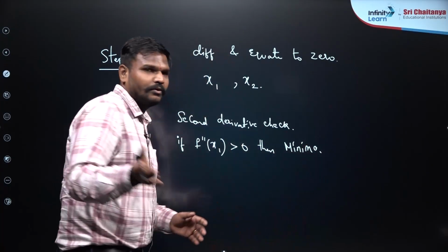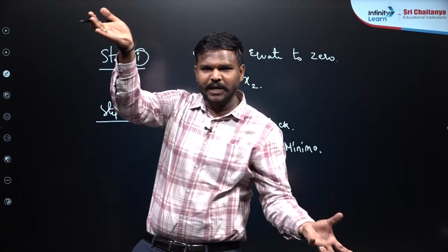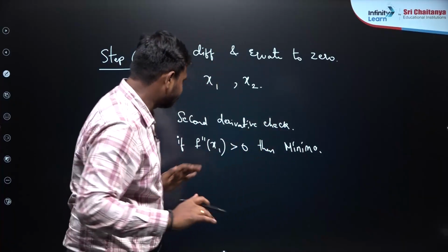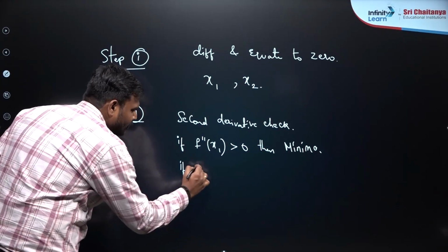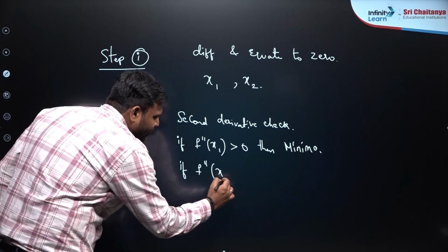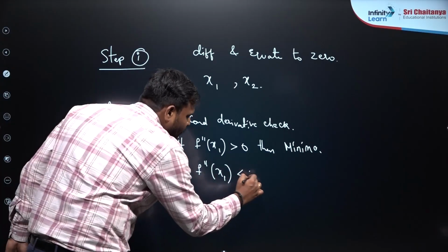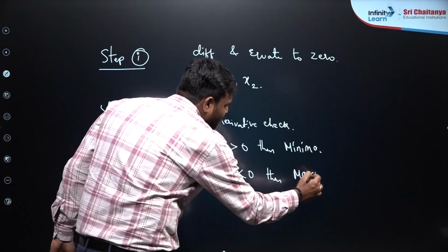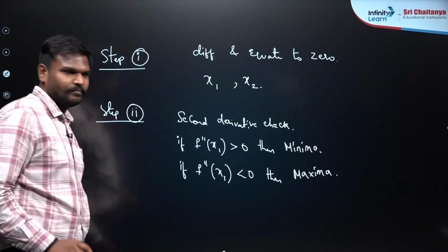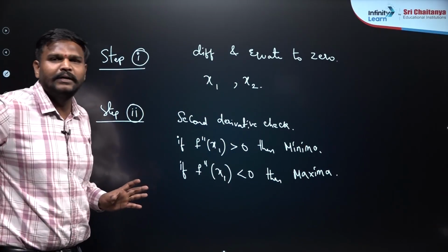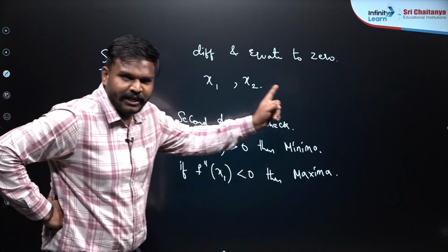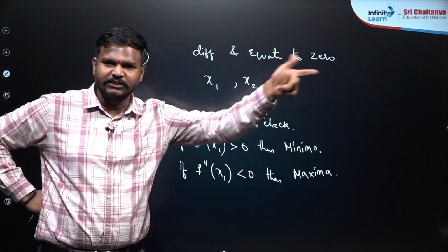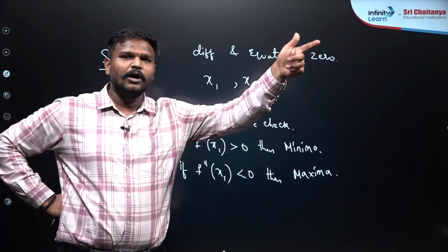Greater than 0, remember like this, greater than 0 minima point, less than 0 maxima point. Because at maxima the derivative of derivative will be negative, that means less than 0 at maxima. So remember it in simple terms. Step 1, differentiate equate to 0. Step 2, second derivative check. Second derivative greater than 0 minima, second derivative less than 0 maxima.